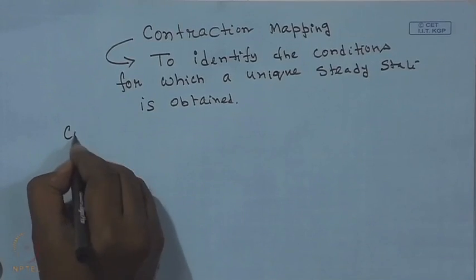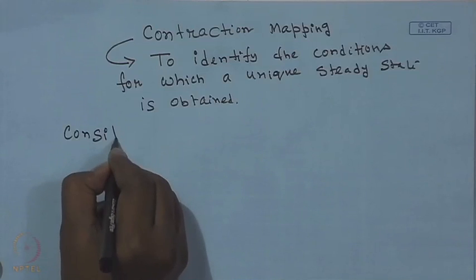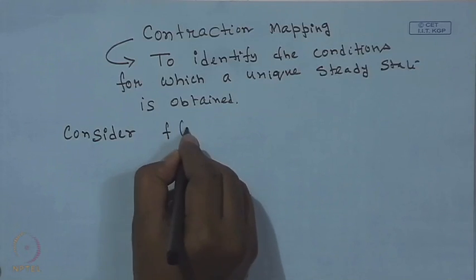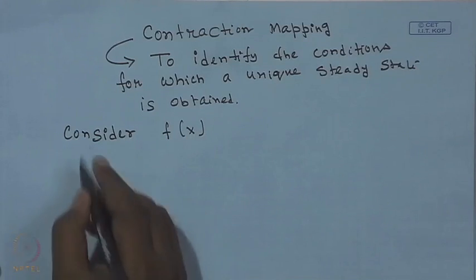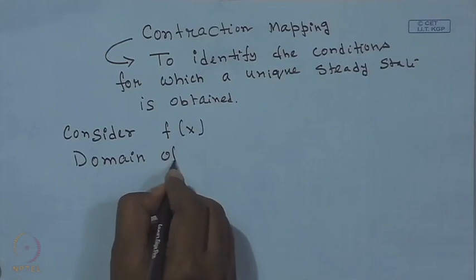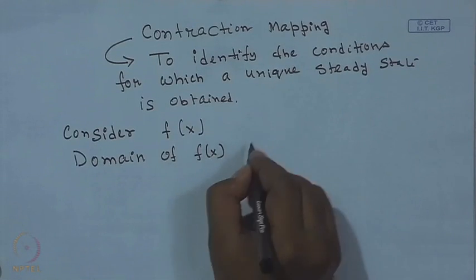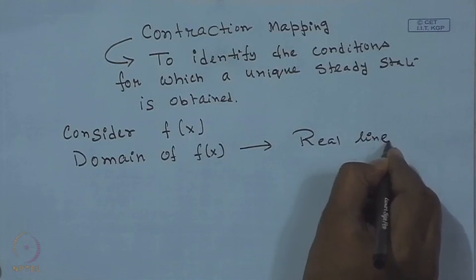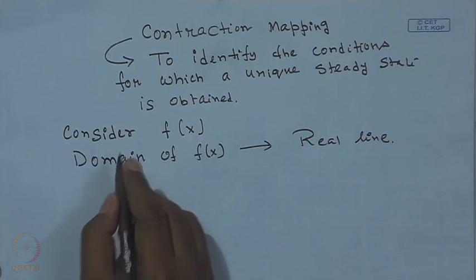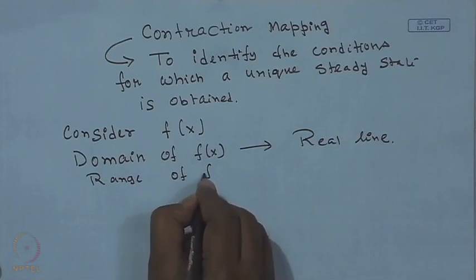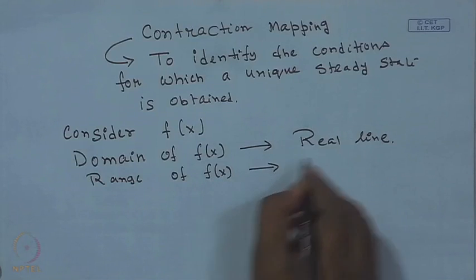Okay. Let us look into the mathematical development and the mathematical analysis involved behind this contraction mapping technique. Consider the function f x, and the domain of f x is a real line. So, we are working in the real domain, and the range of f x is also a real line.